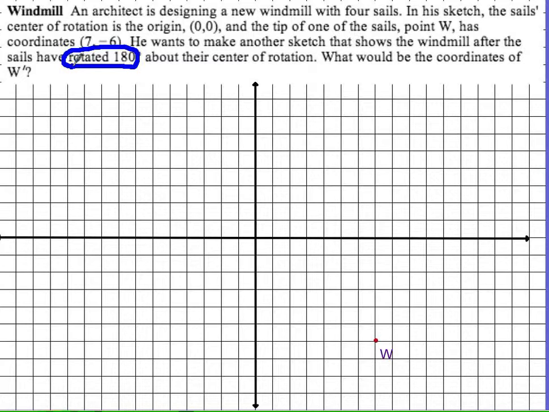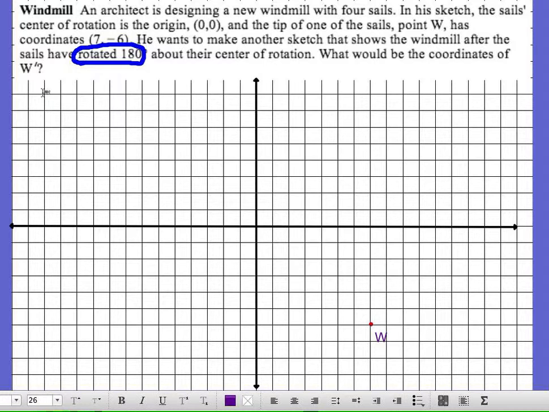So we have 180 degrees. That means that if you remember your rule, 180 degrees meant that X and Y stayed in the same place, but they changed signs.